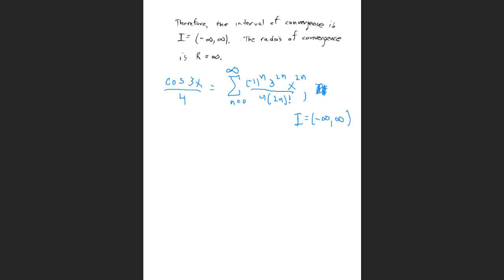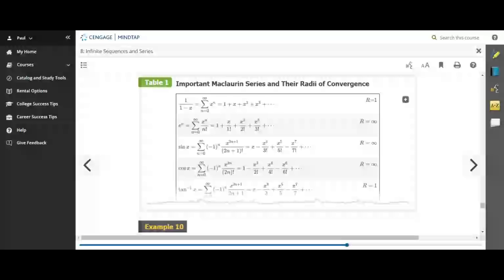But this is important Maclaurin series in their radii of convergence. Of course, the radius of convergence means they took the interval of convergence and took half of the length. But at any rate, you can see you have power series for all these different very important functions.